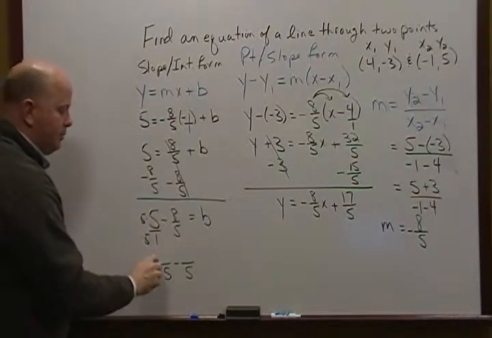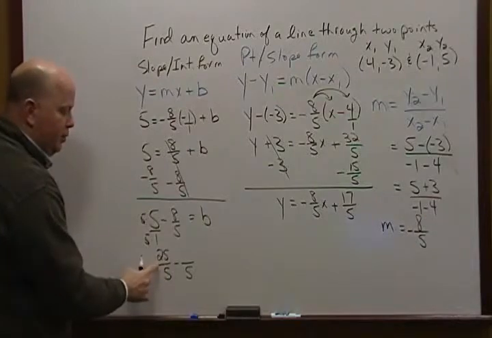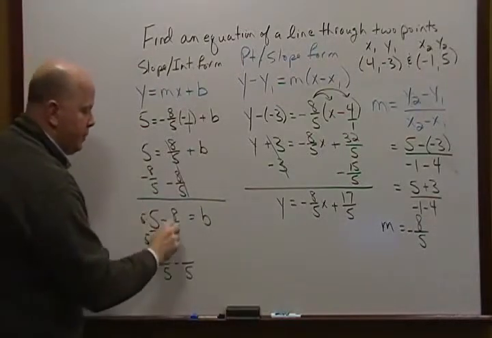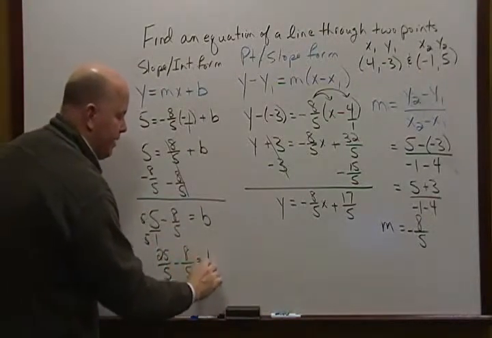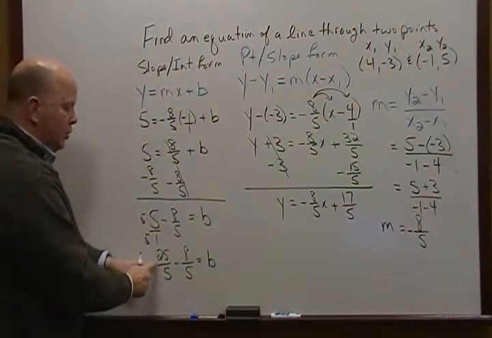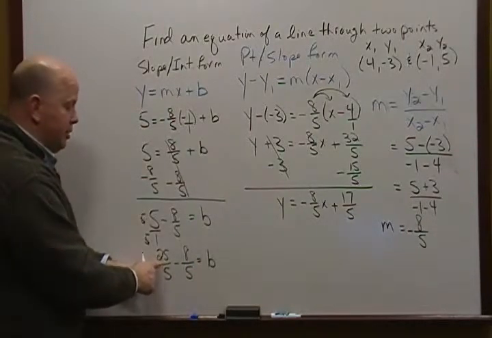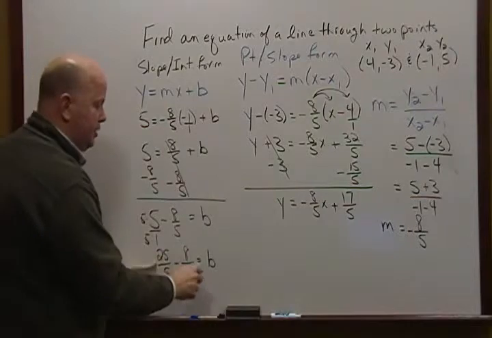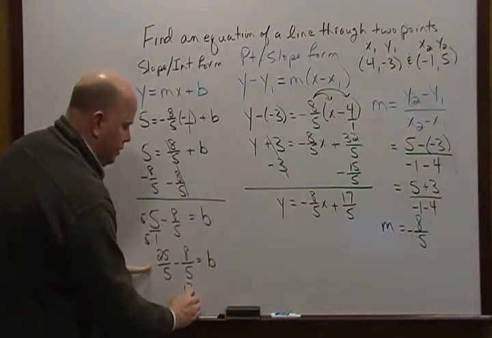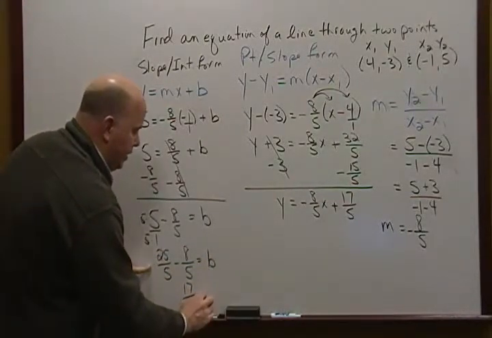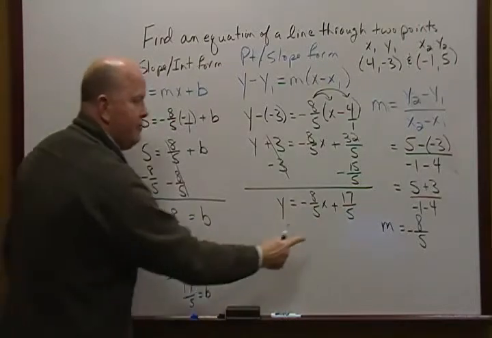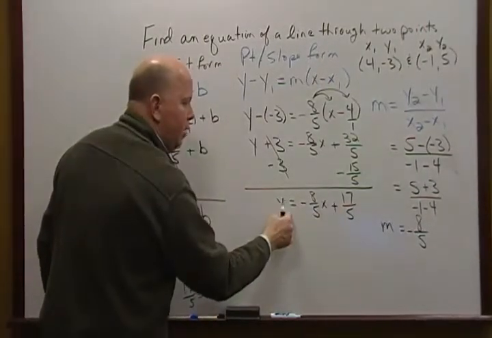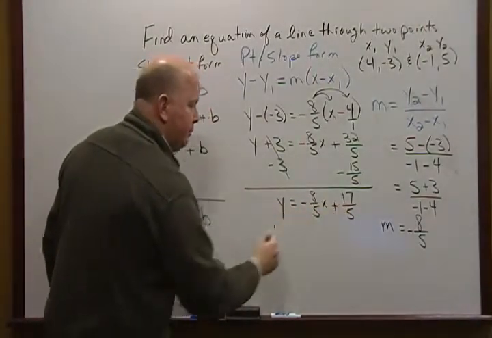So here's 5 times 5, which gives me 25. Again, notice it's equivalent to 5. Here we have our 8/5 and we have our b. So now, when we look at these two fractions and combine them, we have 25 minus 8, which is 17. And b is 17/5, as we had found when it was in y equals mx plus b form.